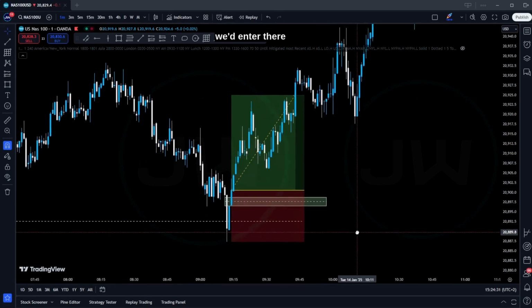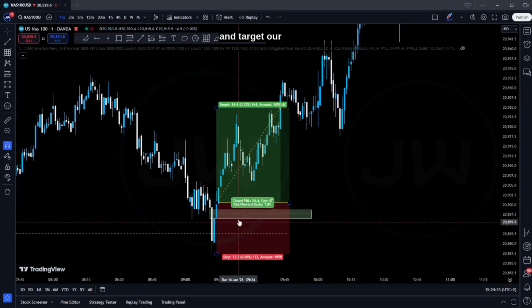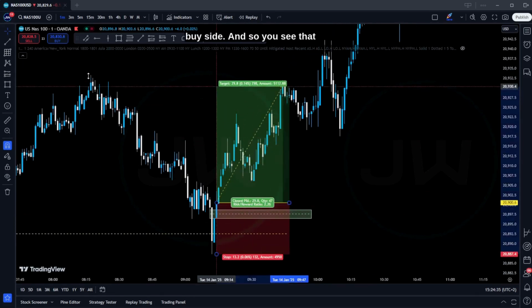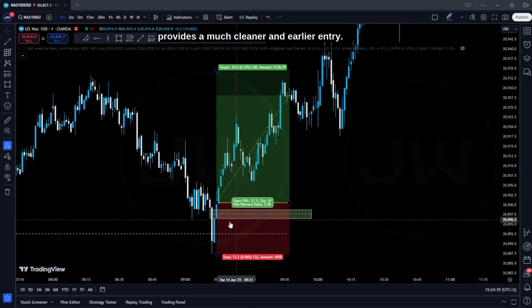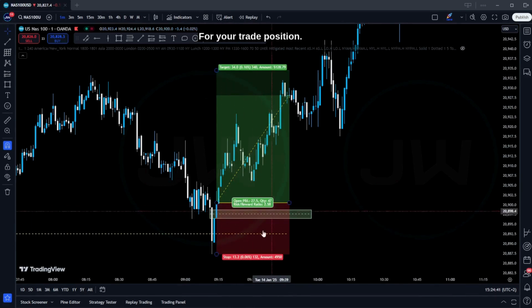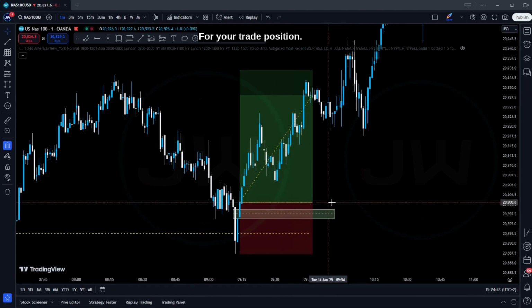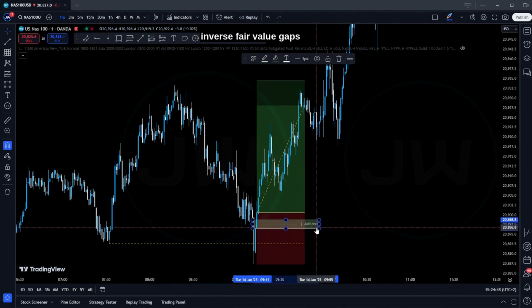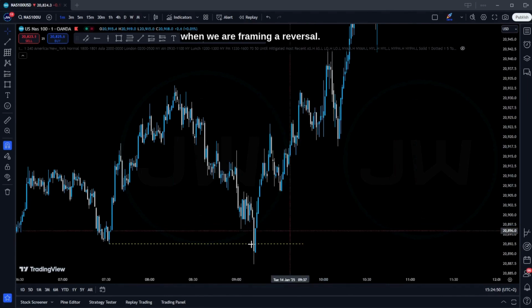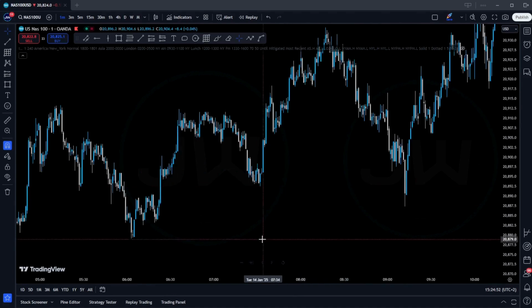And then we'd enter there and target our buy side. And so you see that provides a much cleaner and earlier entry for your trade position. And that's essentially how you'd use inverse fair value gaps when we are framing a reversal.